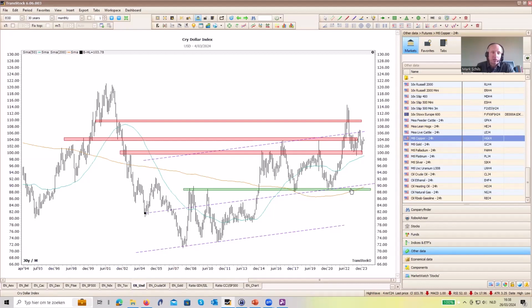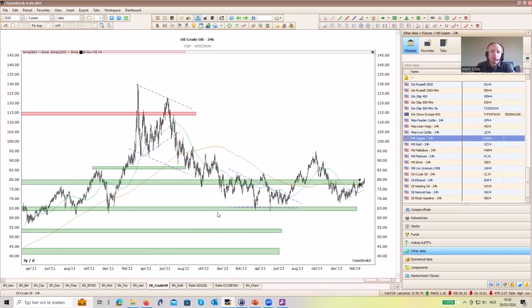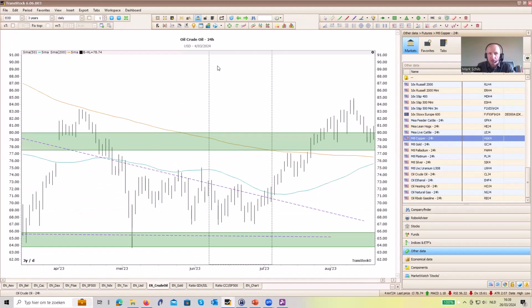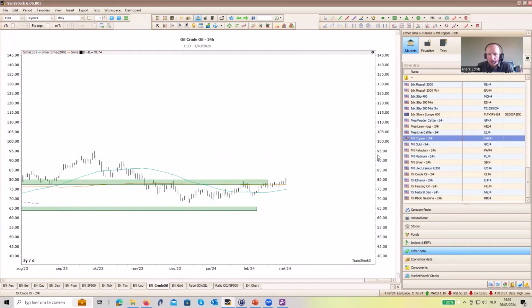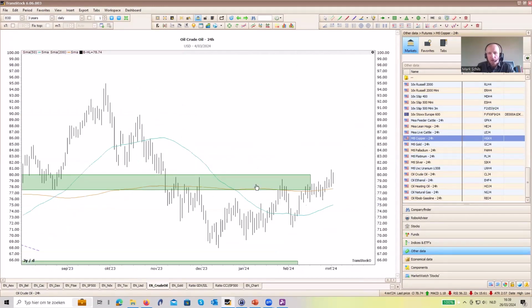Why it's not okay? That's for the people who are perhaps following crude oil, or looking at silver and gold, because there the dollar price is really important. For crude oil, this is a longer time frame. I'm going to zoom in again. Like this, you see we are against resistance around the 80.